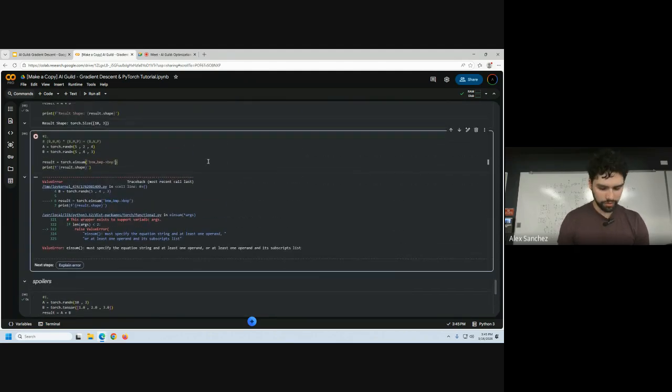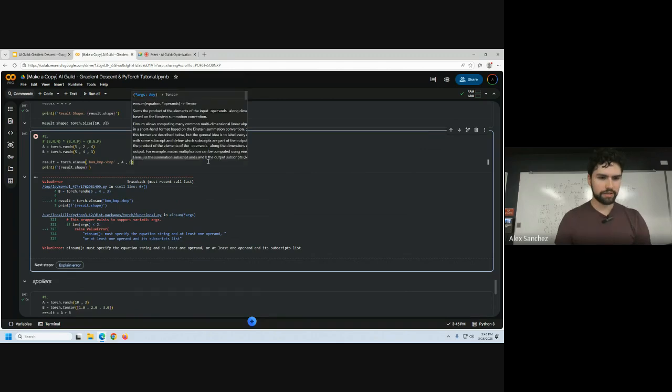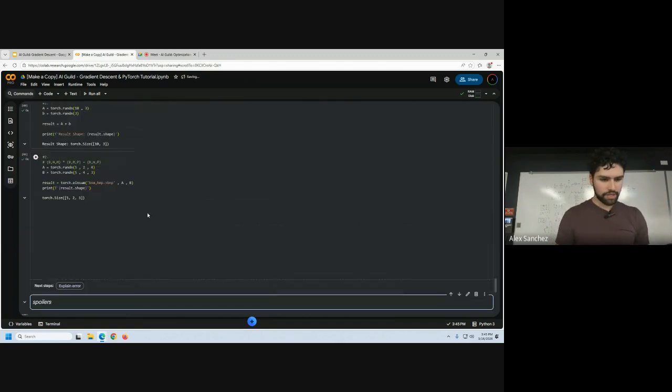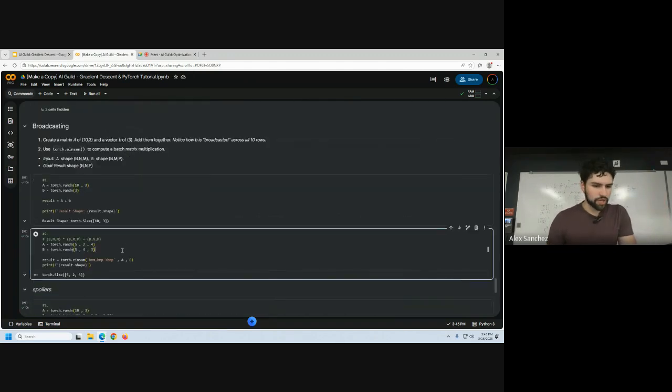Right. So here we want to declare that A is the BNM, and then the BMP is B. And our resulting shape is B, which is 5, N, which is 2, and P, which is 3. So this is just a little demonstration of einsum and multiplying with einsum.